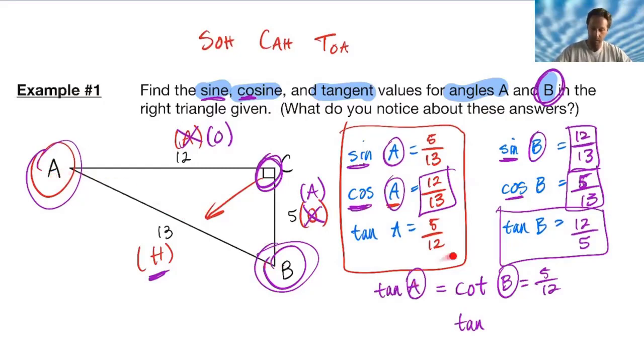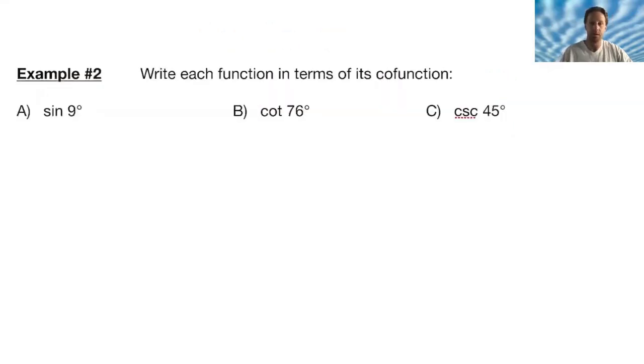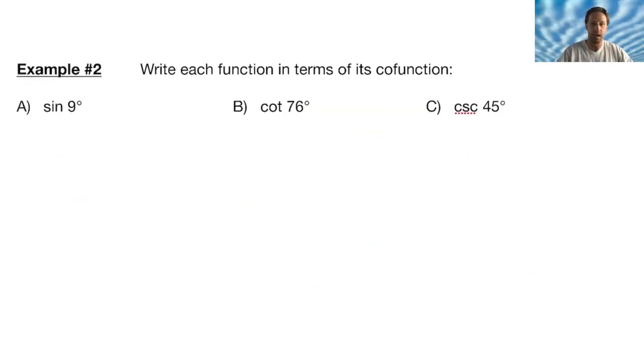Therefore, we can use, with those two angles, complementary functions. And we know that they would be equivalent. Now we're going to get to the second example, which actually asks us to write these random angles, acute angles, remember between 0 and 90, still in just quadrant 1, with its cofunction.